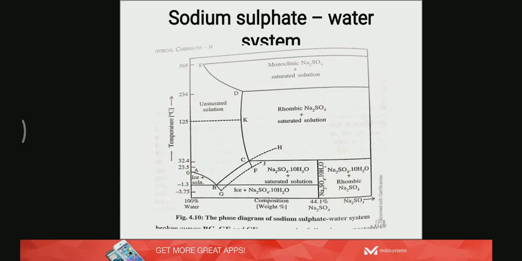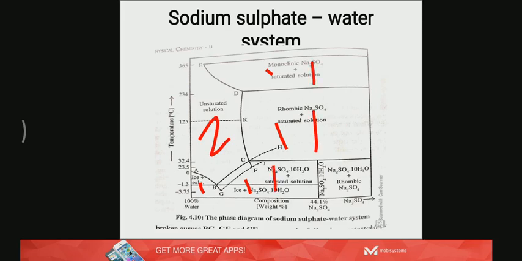All the areas coming below the curve, like here, all these areas you can see, are representing two phases in equilibrium, so that they will all be monovariant. So this is bivariant, all these areas are monovariant, F equals 1.